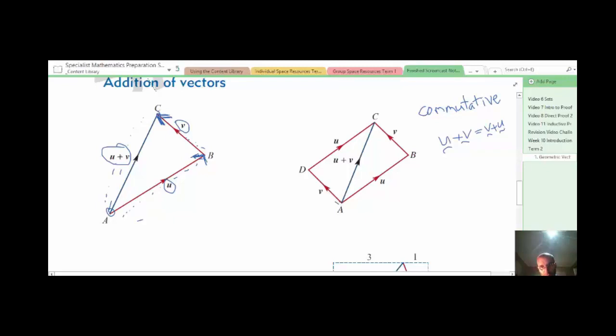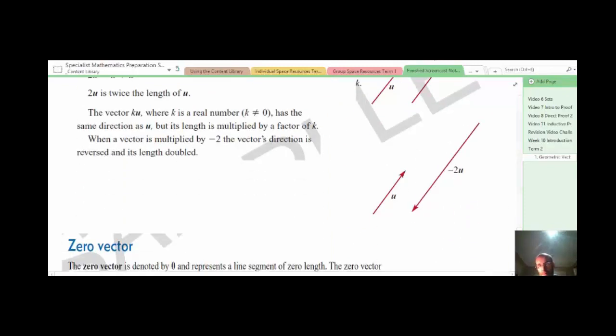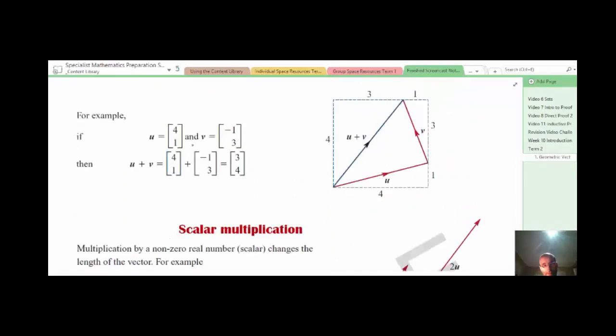We can show that geometrically with this diagram here. U plus v head to tail, we get the blue vector. V plus u head to tail, we still get the blue vector, because we're joining the very beginning to the very end to come up with our resultant vector. So v or u first, it doesn't matter, the result is the same, they're equal.